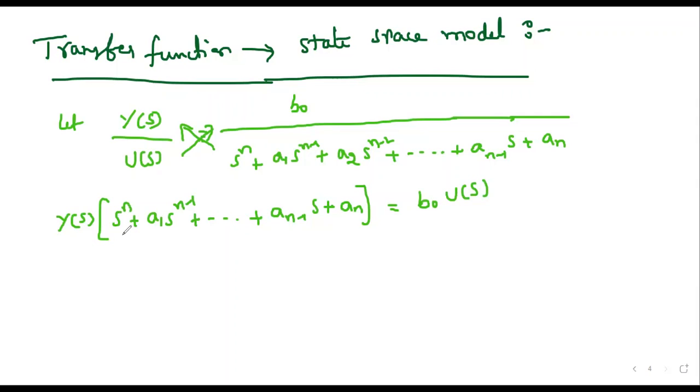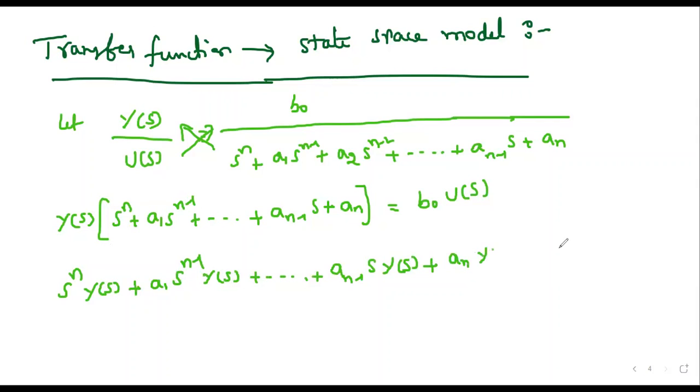Now Y of s into s power n, I will write separately. I will split these terms. s power n into Y of s plus a1 into s power n minus 1 into Y of s plus and so on plus a n minus 1 into s into Y of s plus a n into Y of s is equal to b naught into U of s.